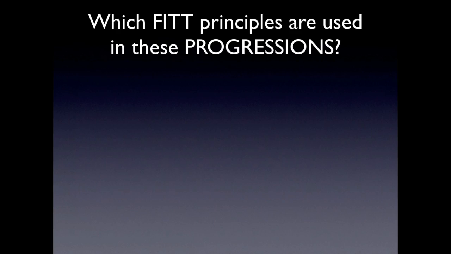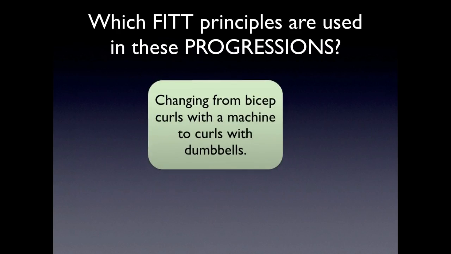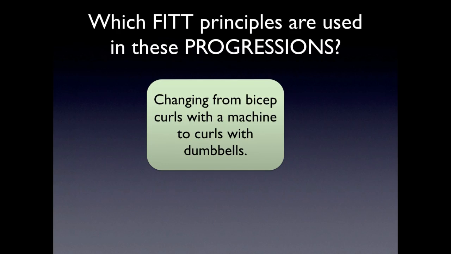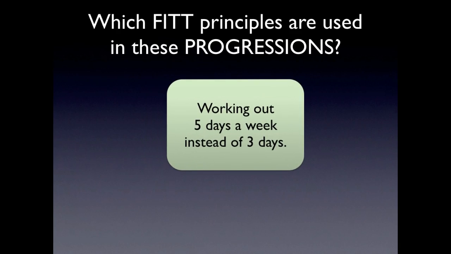Let's see how well you can identify which FITT principle this example is illustrating to cause a progression. This is type, because it is harder by changing the kind of activity. This is frequency, because it is harder by doing an activity more often.